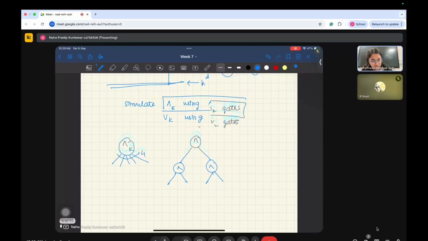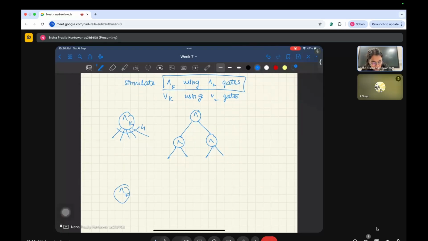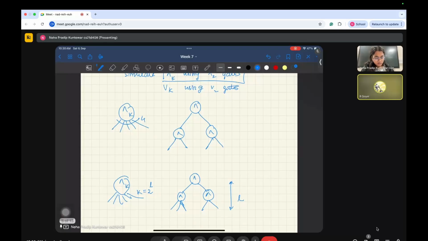In general, assuming k is a power of 2, say k is 2 to the l, then the depth of this will be l.